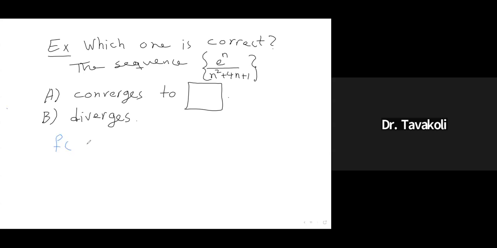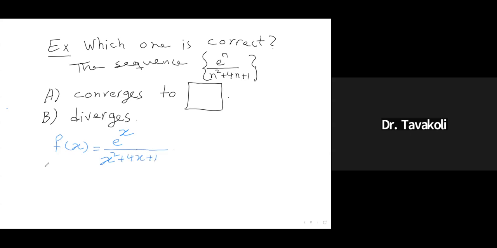Obviously, f(x) equals, in the general term of the sequence, replace all the n's by x's: e to the x over x squared plus 4x plus 1.